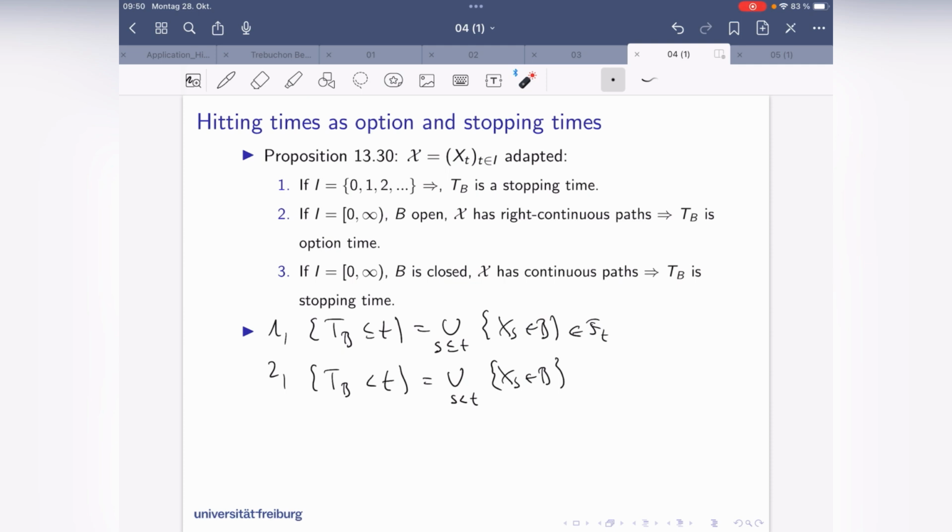So if Tb is less than t, I find some time before t such that I'm in the set. And I'm right continuous, which means I can choose these s here in Q, which makes this a countable union of sets which are in Ft, so that's in Ft then.